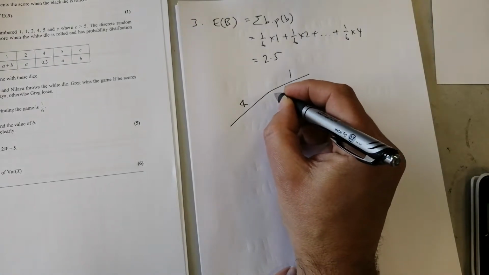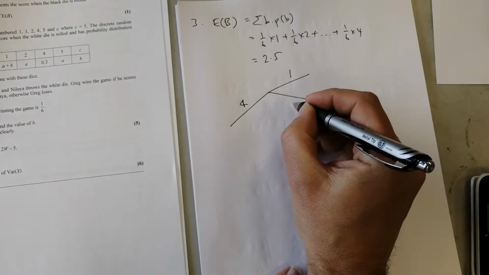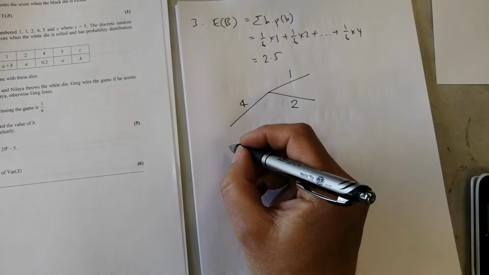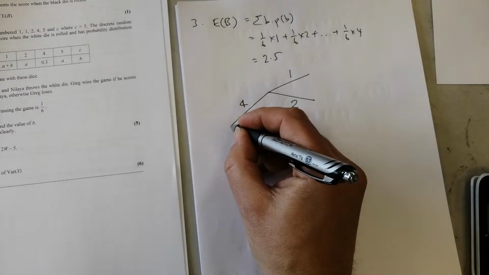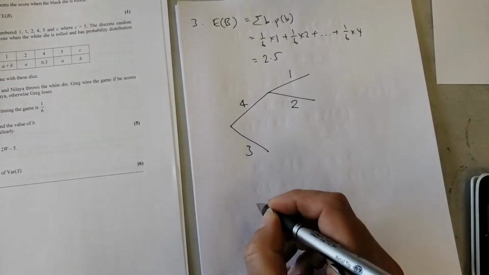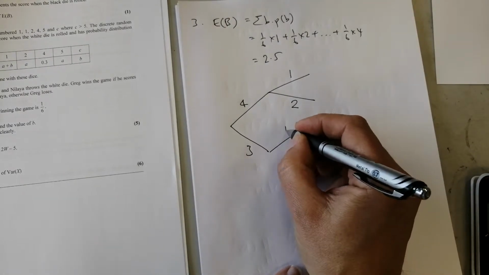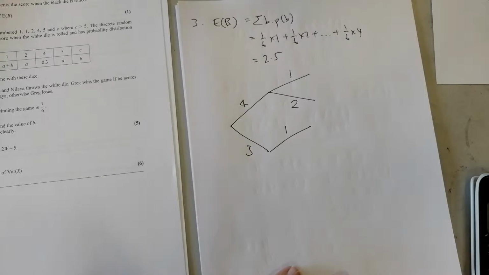He also wins if Nelia rolls a 2. If Greg rolls a 3, he wins if Nelia rolls a 1. But there's no other ways that Greg is going to win.